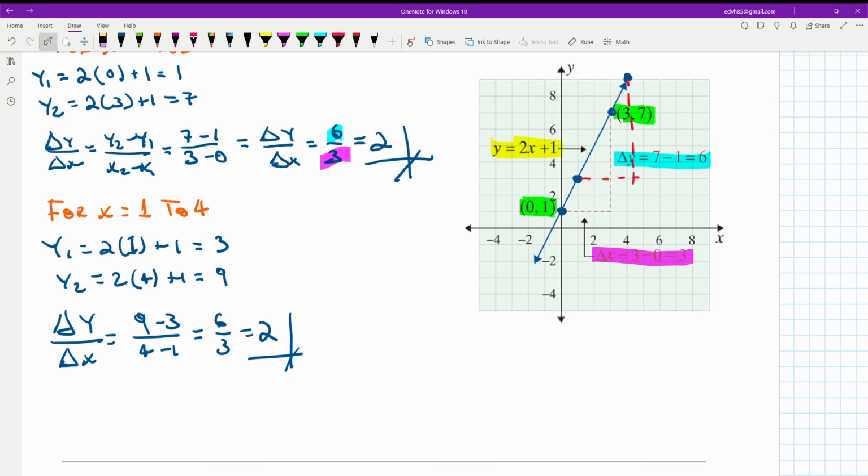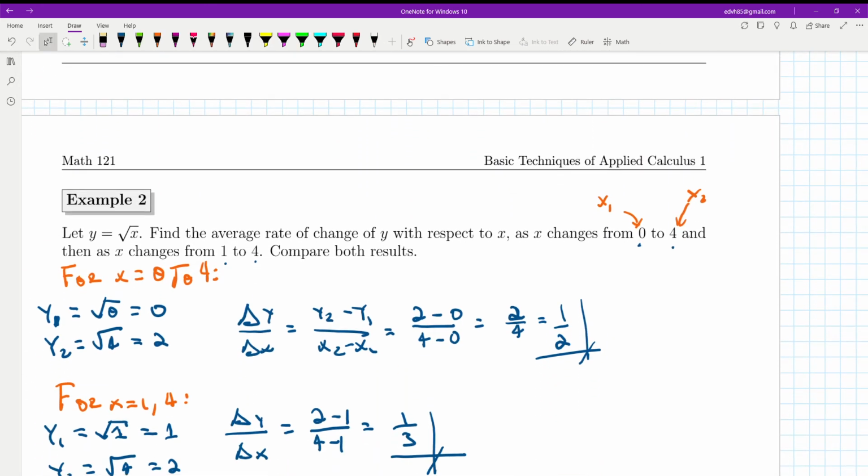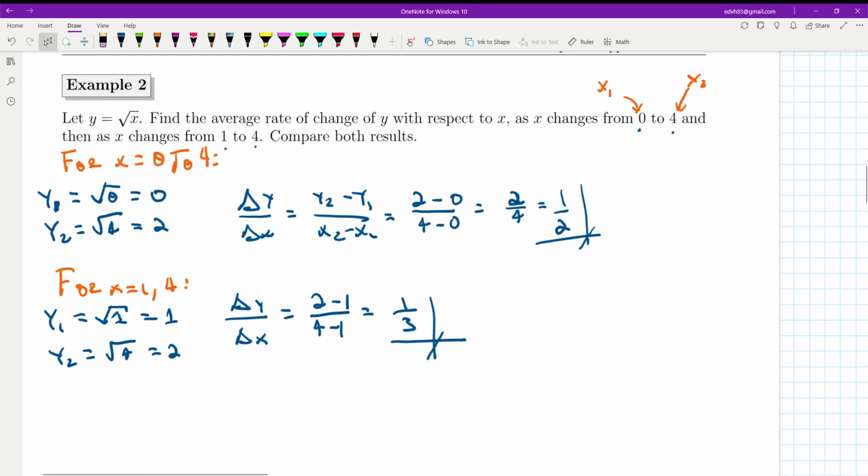When we compare, those two values are the same because it's a straight line. The slope is always the same. Rise over run is always the same, regardless of the pair of points that you get. Here, the rise over run, the steepness of the graph, is not going to be the same.